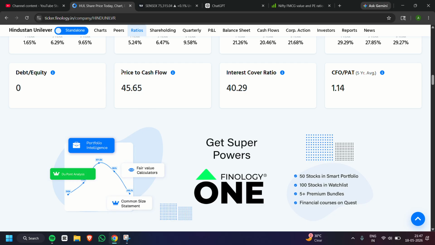We know the meaning of price and we know the meaning of cash flow. कैश फ्लो का मतलब होता है कंपनी के पास ओरिजिनली कितना पैसा आ रहा है.